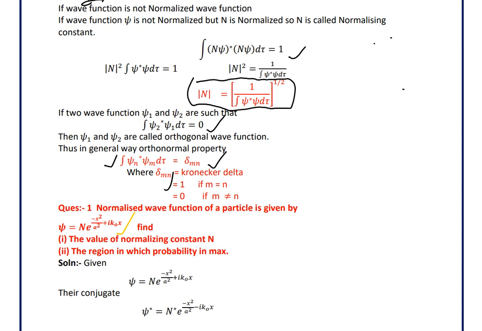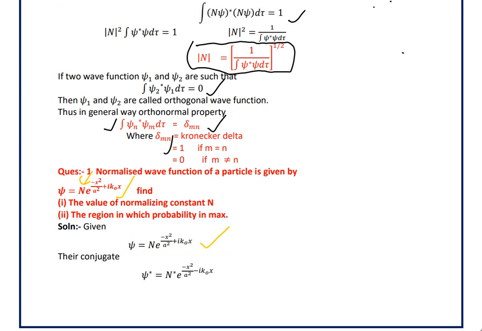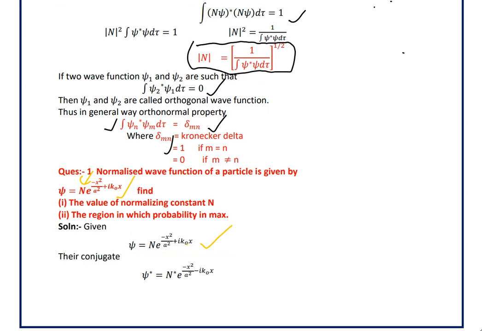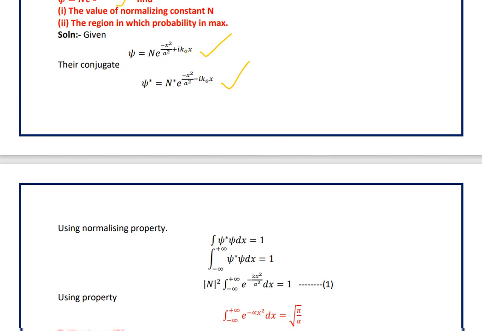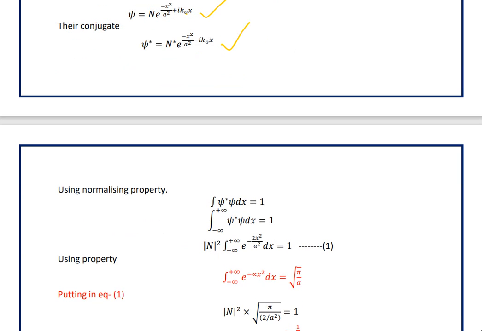Then find the normalizing constant n. So the given function is this. Now take its conjugate, where i is replaced by minus i. Now apply the normalizing condition integral psi star psi dx is equal to 1, and if the limit is not given, then our wave function vanishes at x tends to plus or minus infinity.